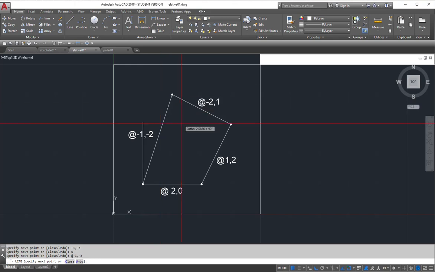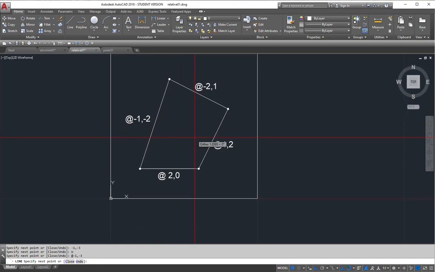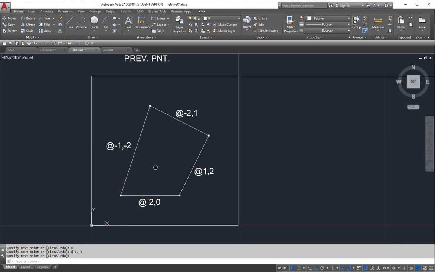See, that is the difference between the absolute and the relative. If I don't use my at symbol, it's going to use this 0, 0, my origin, my axis, my starting point, as my reference. Okay, so once I do that, then I can simply hit enter, and I am done with this part right here.